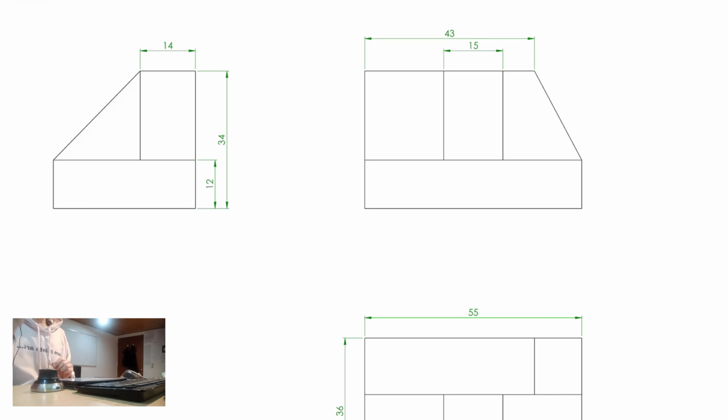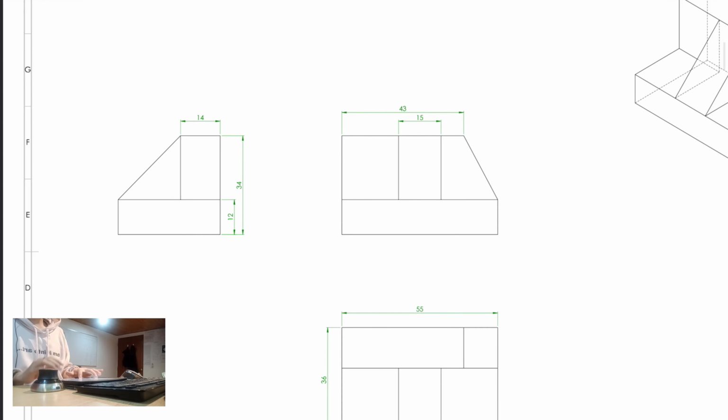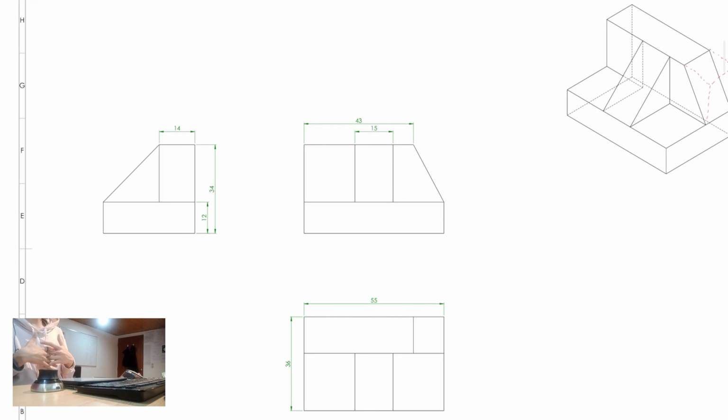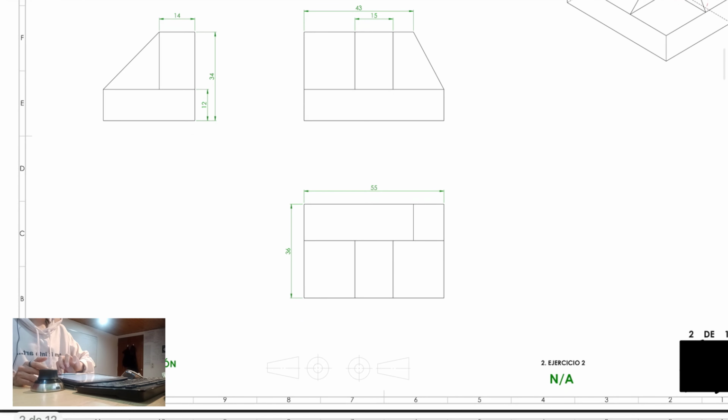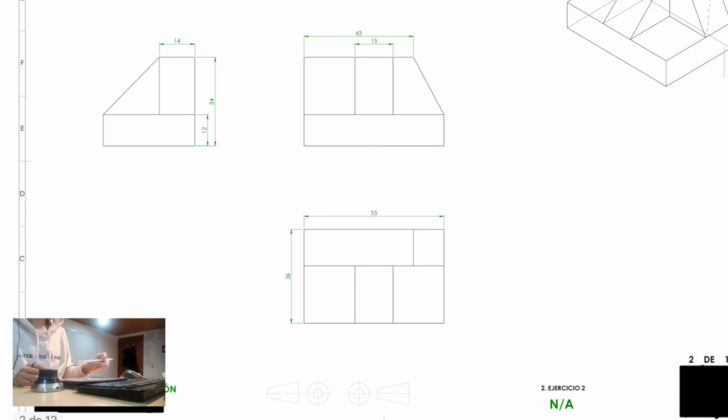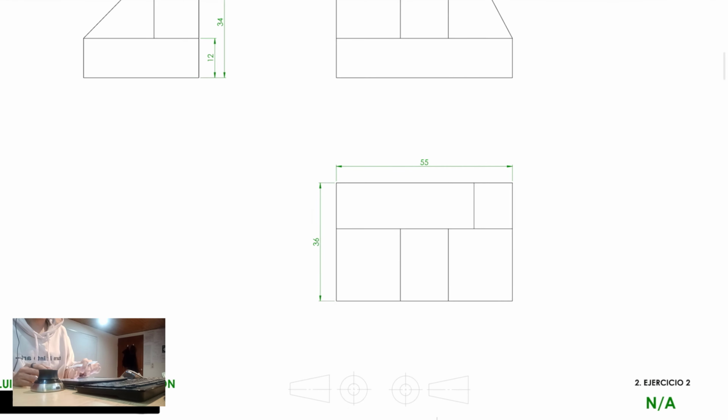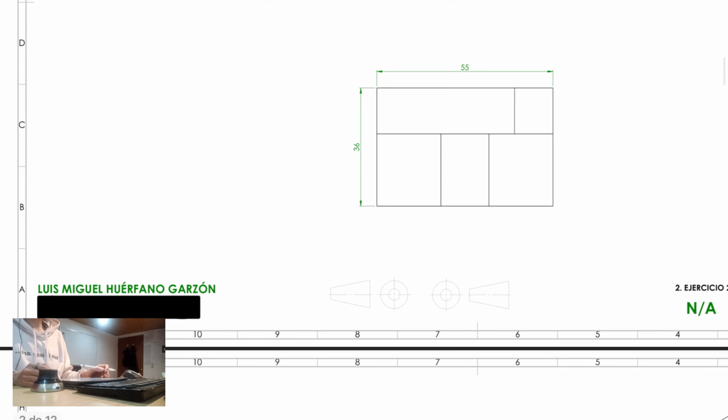Now, regarding the engineering draw, there are some things that I will always mention. Take into account that I'm uploading a lot of videos and I'm always using the engineering draws from the ones that Luis Miguel Huerfano Garzón did. Why is that?